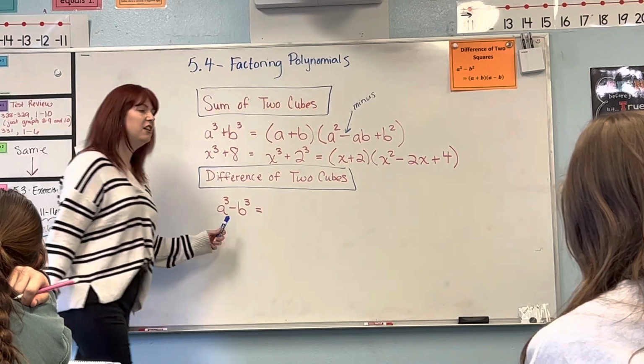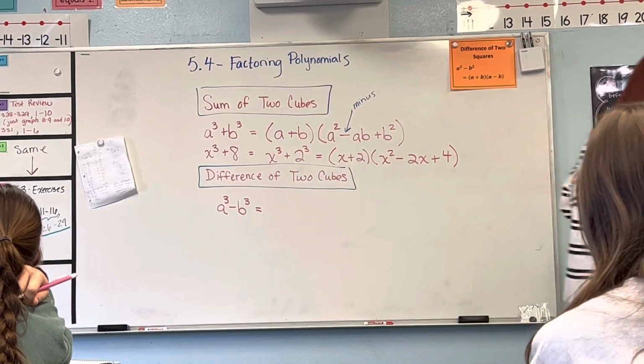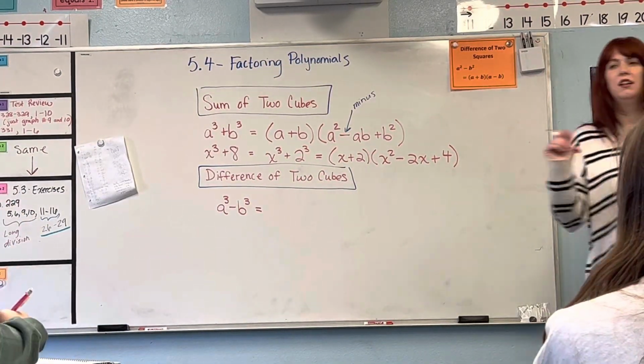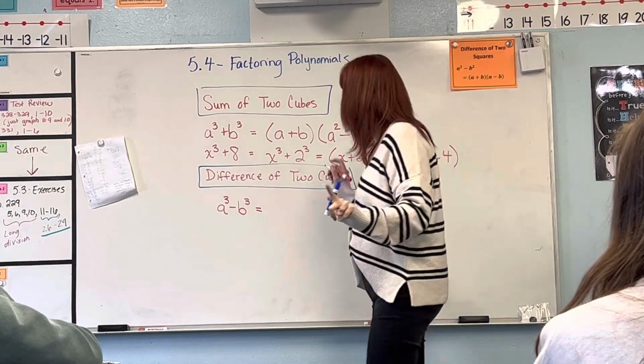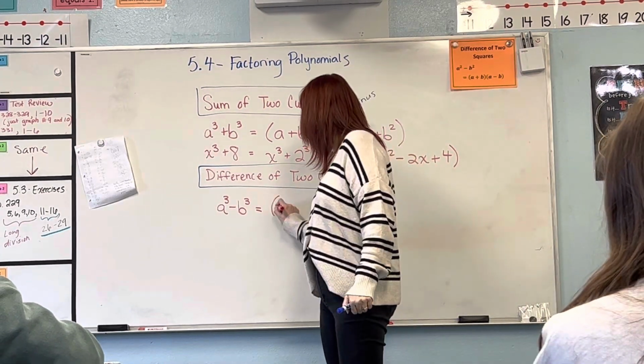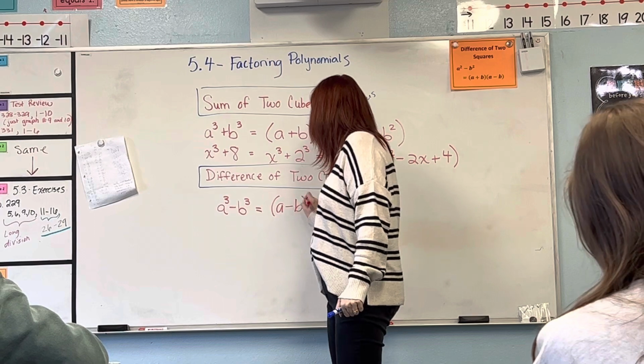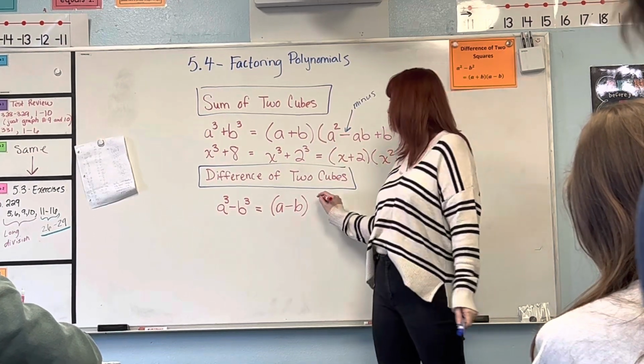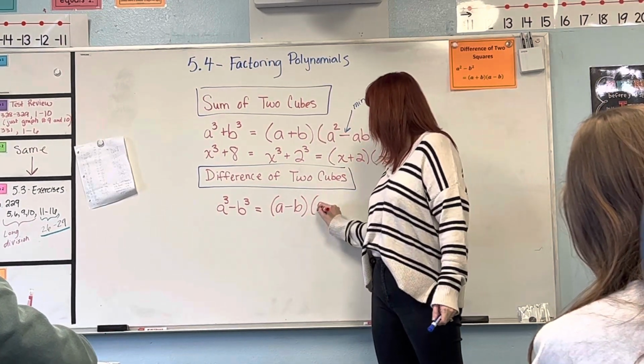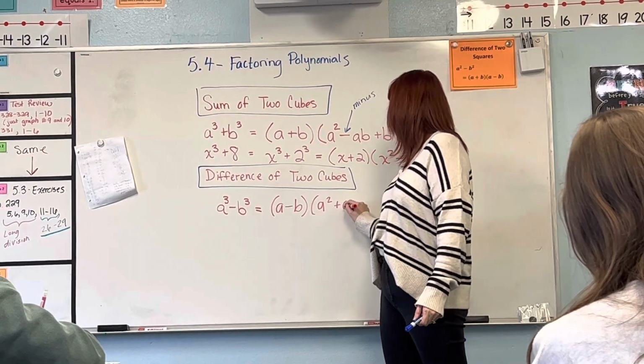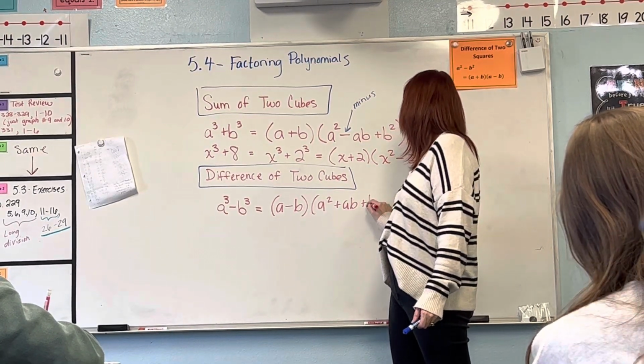In this one, same thing, there's only one minus sign, but it's in the front. A minus B, and then the rest are all plus. Same thing, A squared plus AB plus B squared.